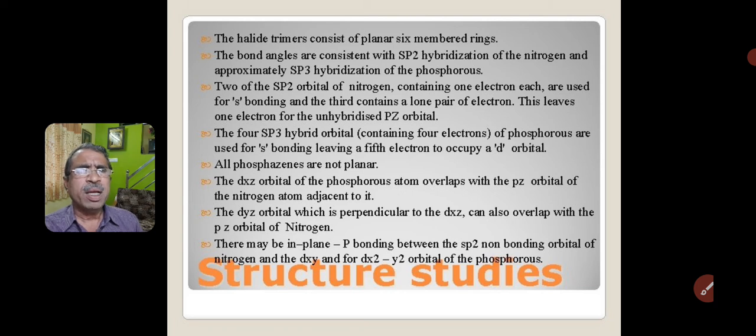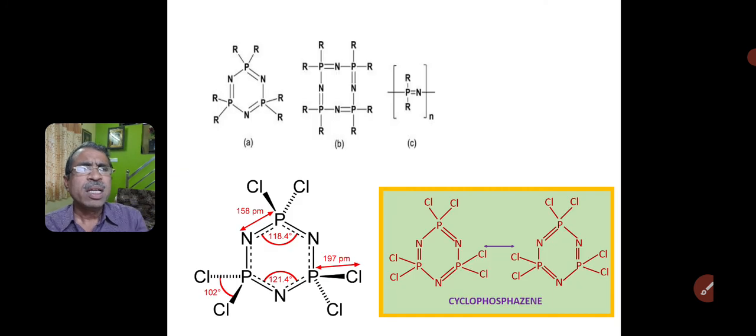There may be in-plane pi bonding between the sp2 non-bonding orbital of nitrogen and the dxy and dx square minus y square orbitals of phosphorus. So these are some of the important points regarding the structure of phosphazenes.